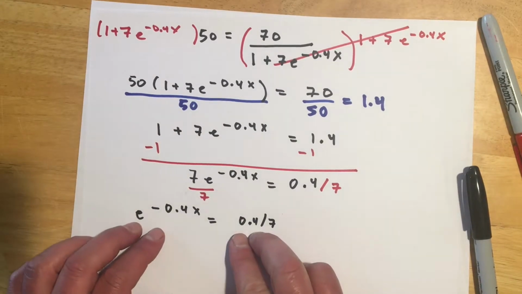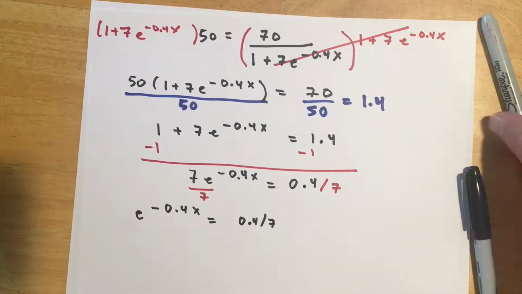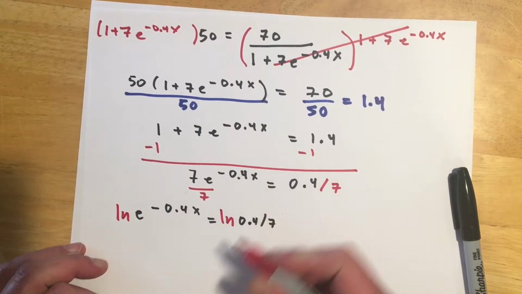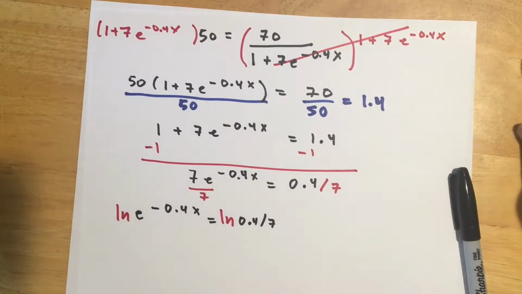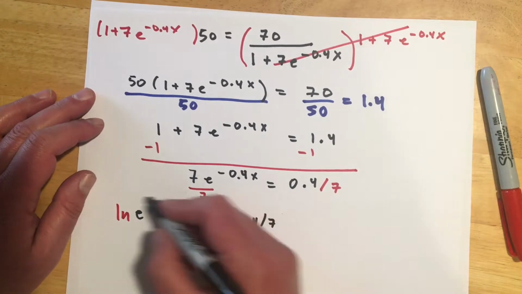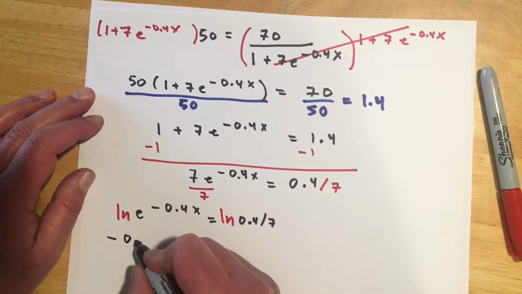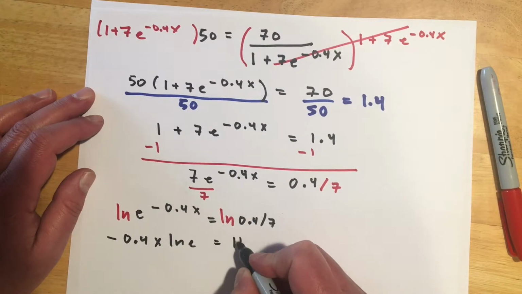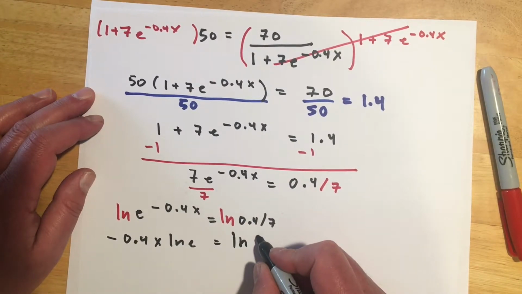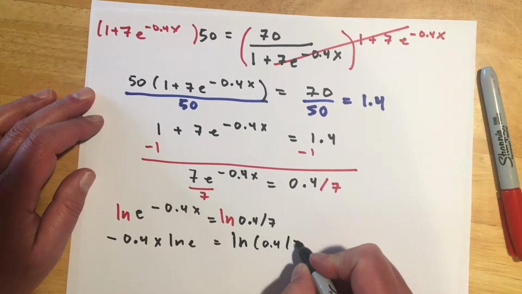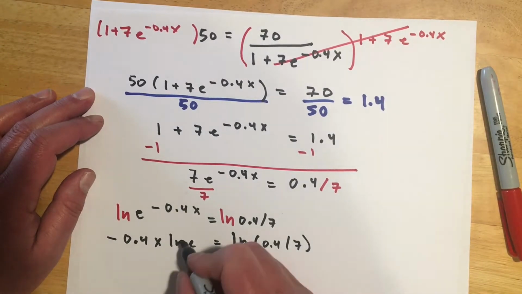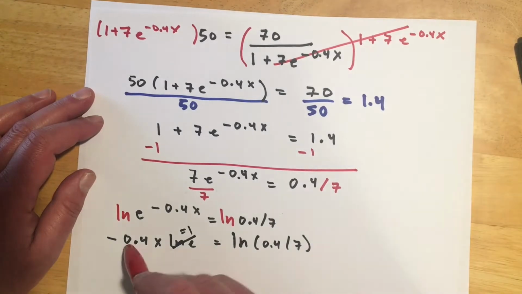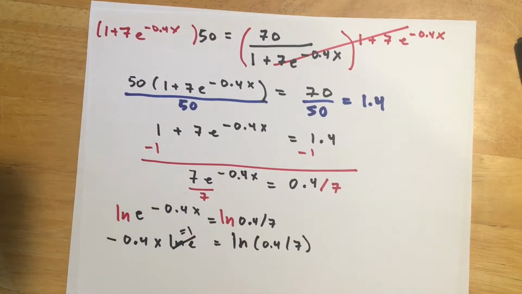And so now I'm finally down to just the exponential, so I'll natural log both sides because of that e. And then I bring this down front. Oops. And then remember this piece is 1, and then so we'll just divide both sides by the negative 0.4.